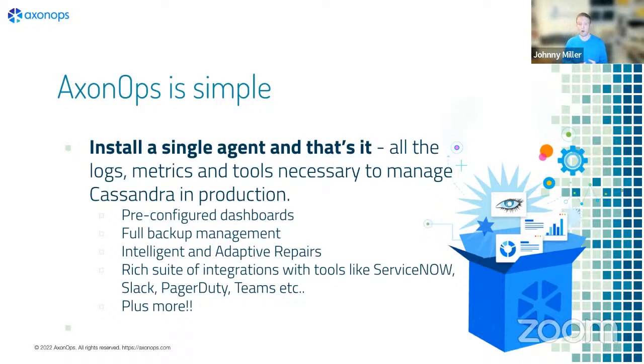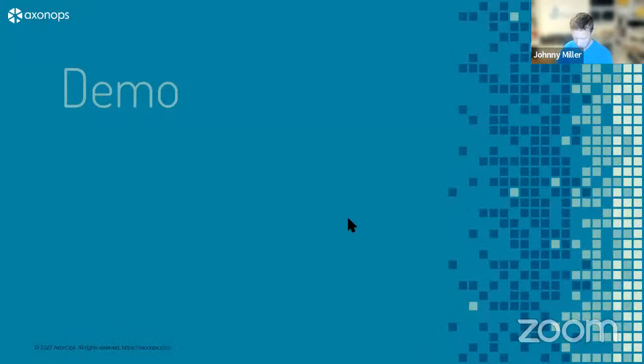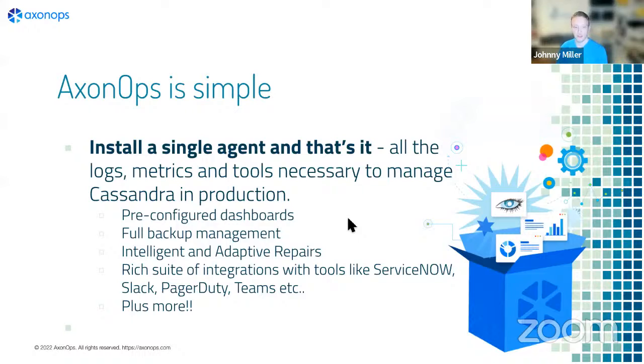It comes with a bunch of pre-configured dashboards out of the box. These are customizable, and you can build your own. It will manage all of your backups for you, copying them off the server to S3, SFTP, Google, whatever you like. It has intelligent and adaptive repairs, so we don't have to worry about repairs anymore.